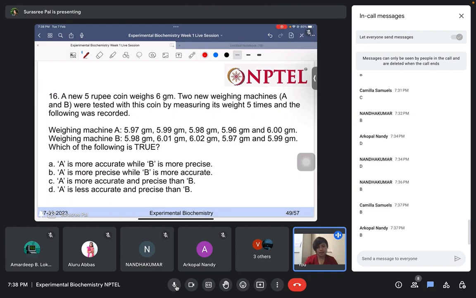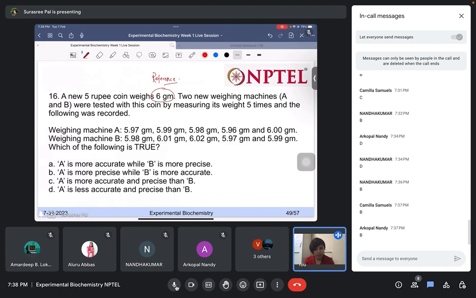Alright, let's discuss the solution. A new 5 rupee coin says it weighs 6 gram. So 6 gram is the reference value, the standard value, the known value. Now the weight of this coin is measured 5 times, and these are the 5 observations recorded. Two different weighing machines are used.